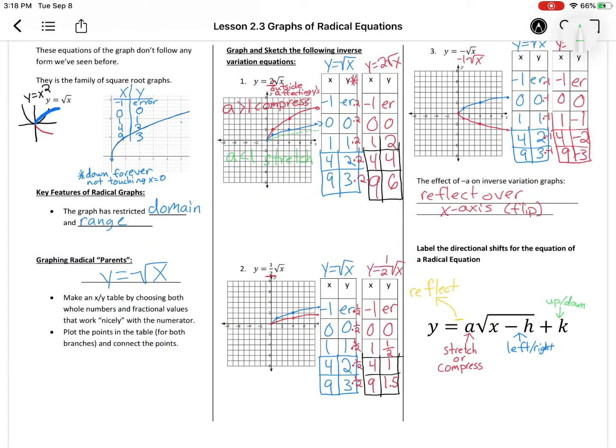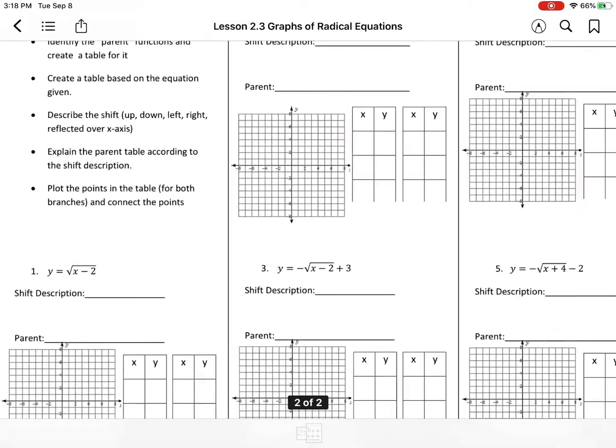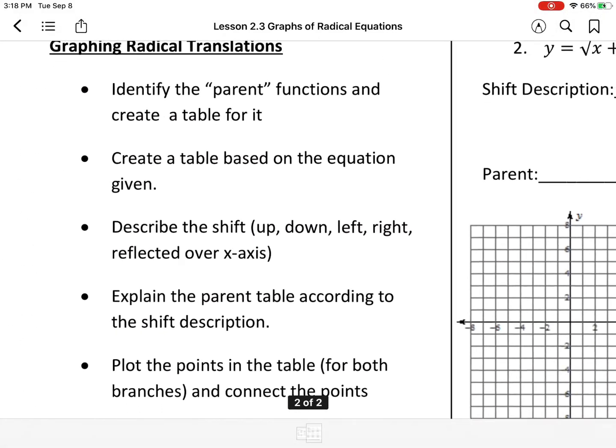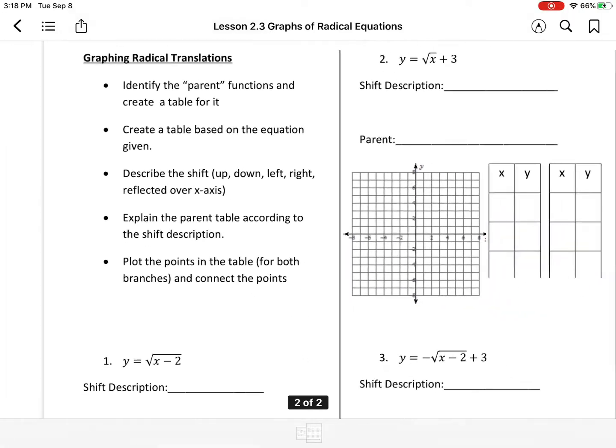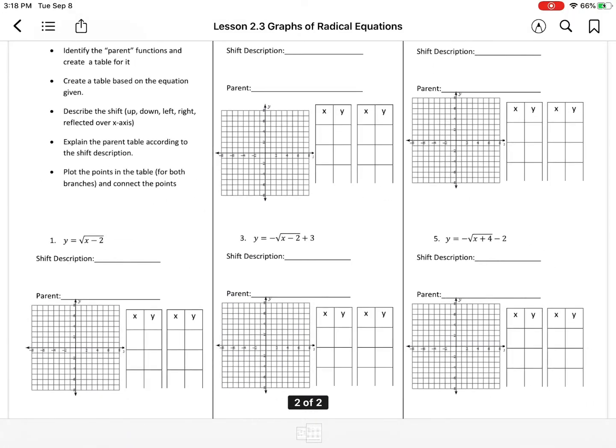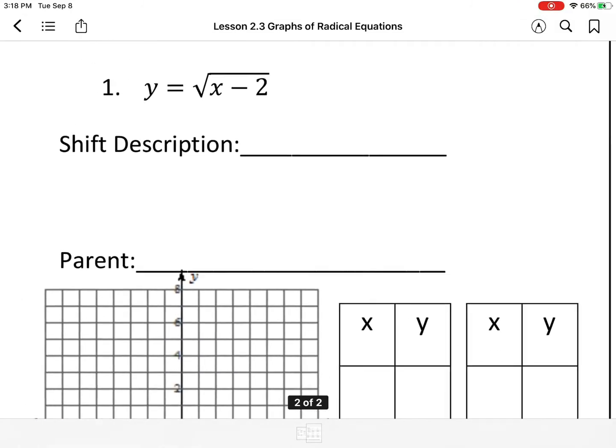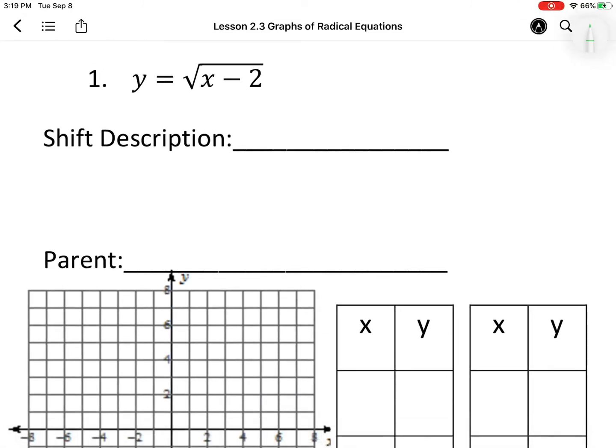So let's look at some of these. So you can read these. This is just reminding you the translations or the transformations. For number 1, we're on the inside. So that means we're affecting the x's.